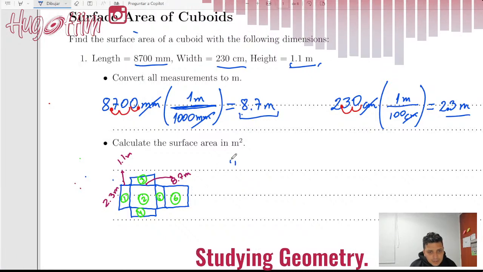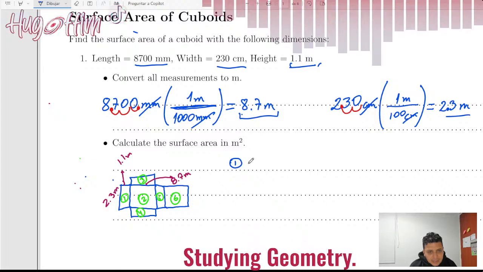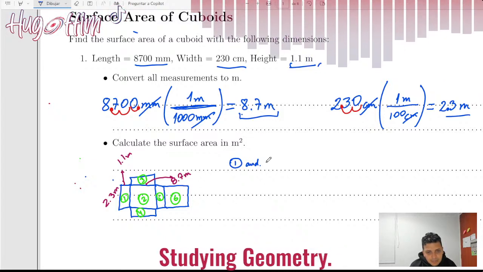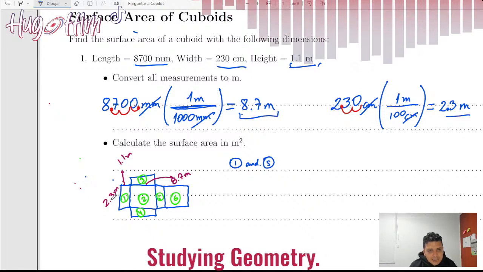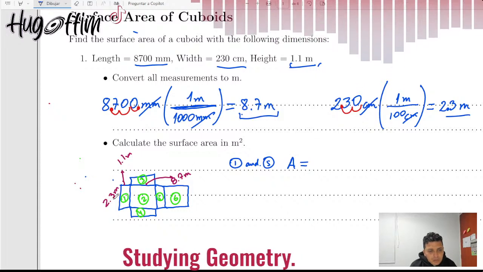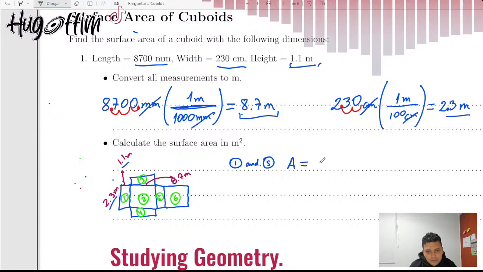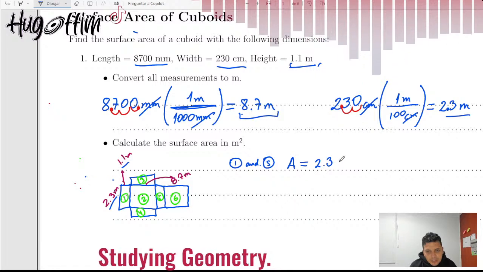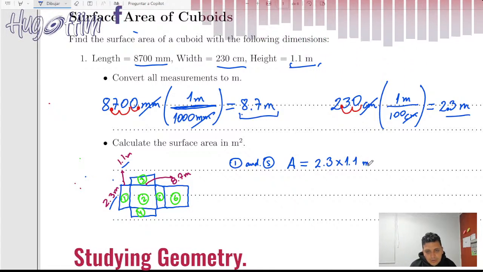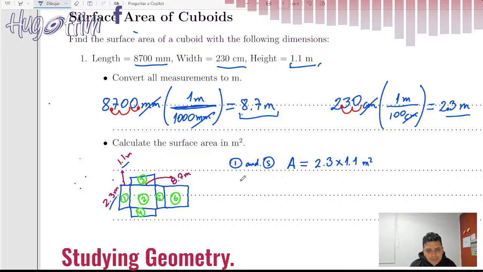Now, for example, rectangle 1 and rectangle 5 are going to measure the same. The area is going to be 2.3 meters times 1.1 meters, so the area will be in meters squared.